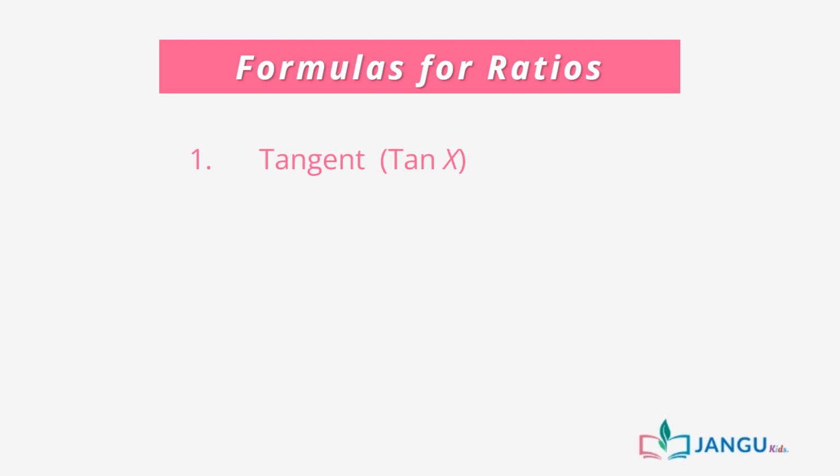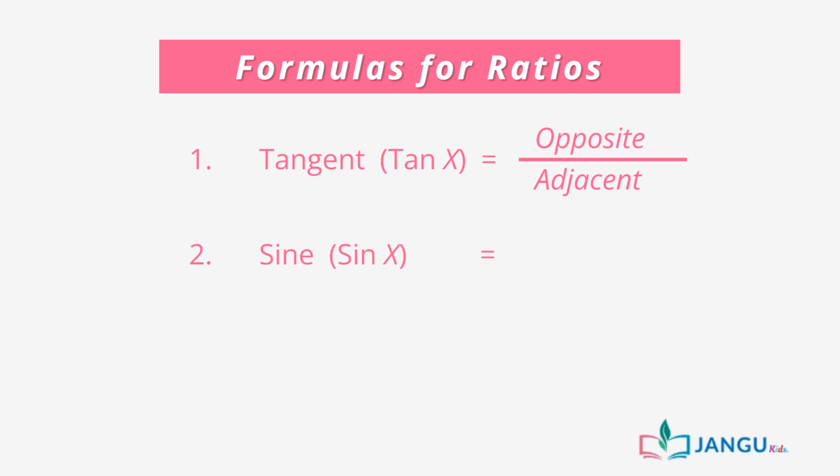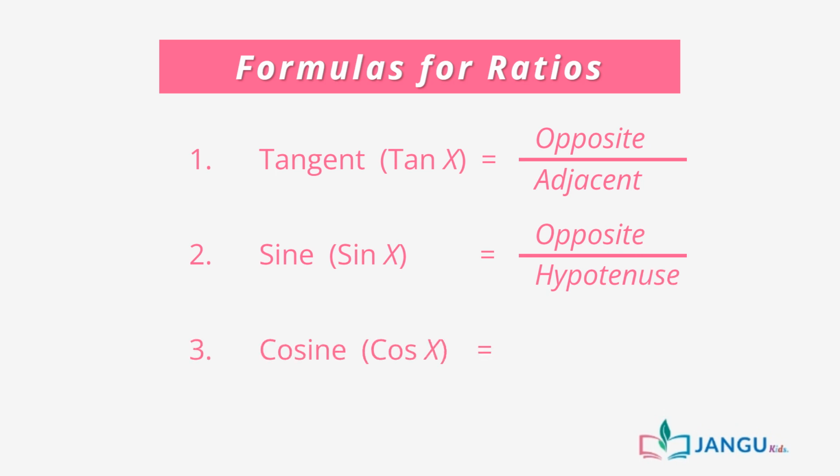Tangent: tan x is equal to opposite over adjacent. 2. Sine: sin x is equal to opposite over hypotenuse. 3. Cosine: cos x is equal to adjacent over hypotenuse.